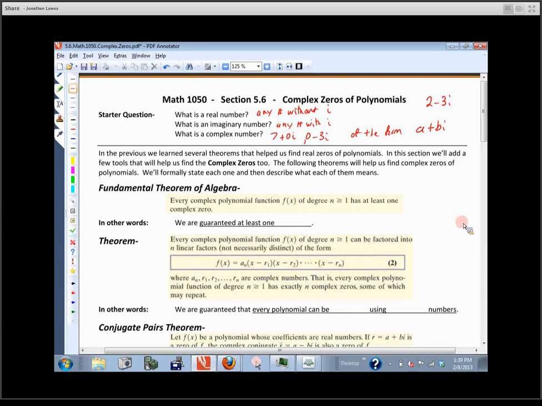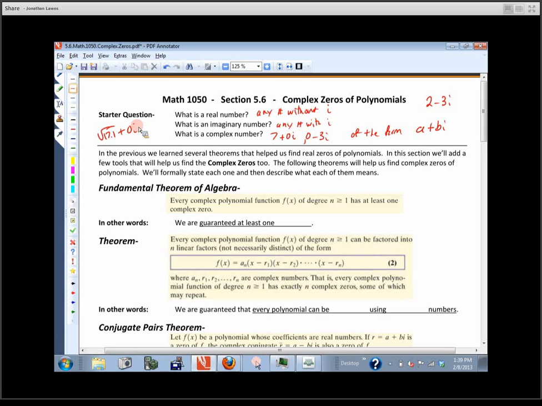Don't include the i, that's a little bit redundant. So the real part is 2, the imaginary part is -3. Now if I write a really ugly number, radical 17.1, is that a complex number? Yes, it is. This is the real part, and the imaginary part would be 0i. Any number that you can think of is a complex number.